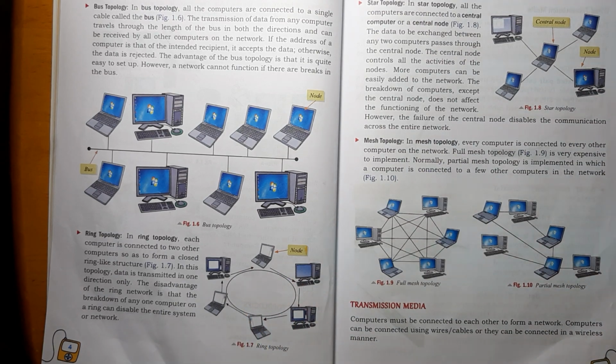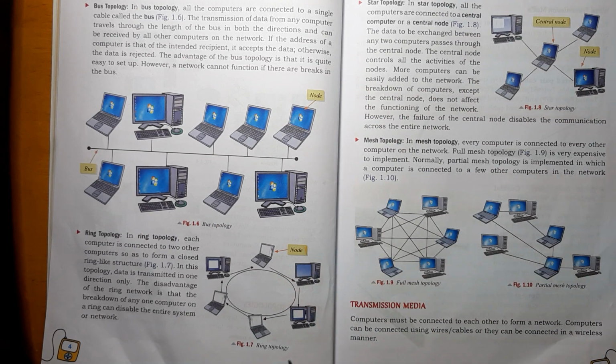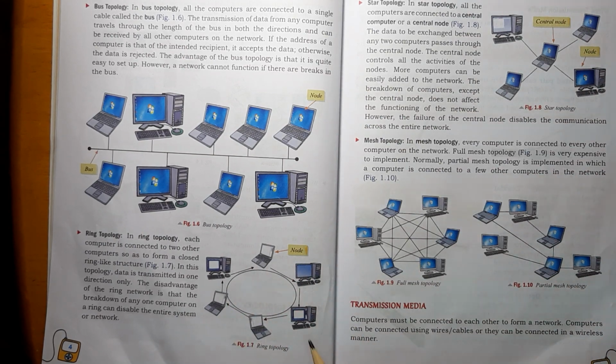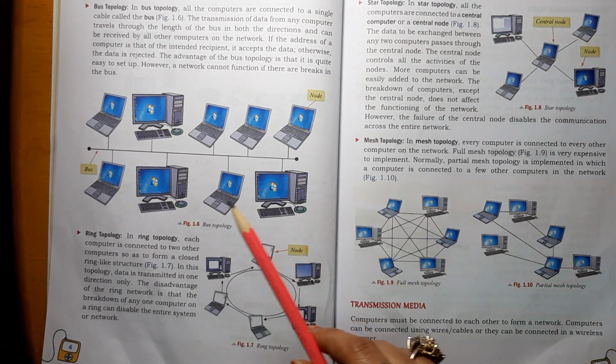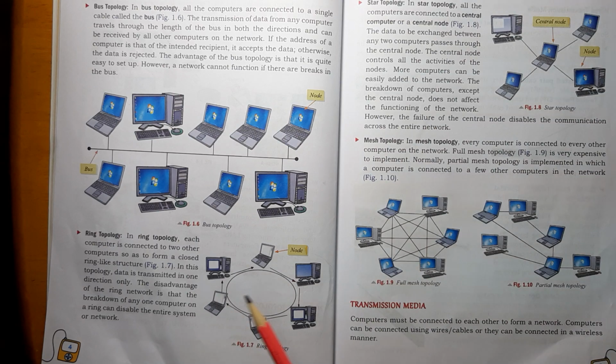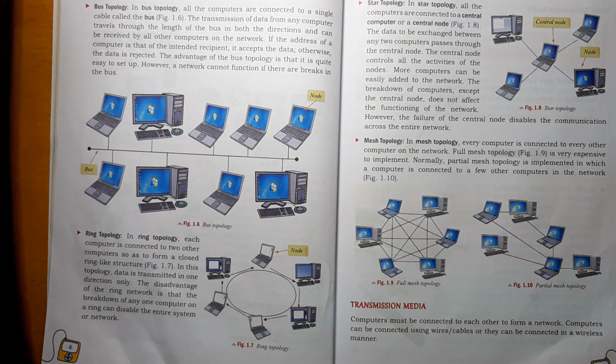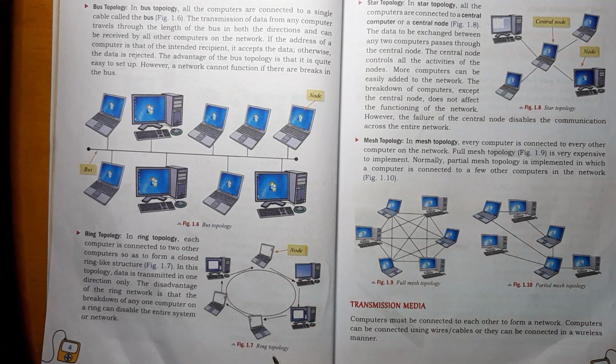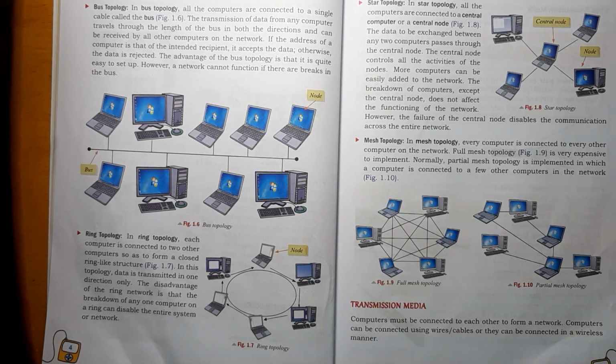That's called ring topology. Here each computer is connected to other computers in one direction only. They cannot connect clockwise and anti-clockwise together. No, it's not possible. The nodes can be connected only in a single direction.